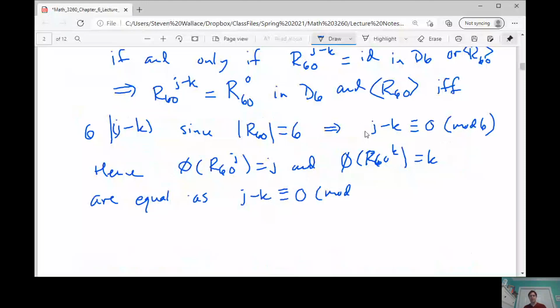And that means J is congruent to K mod 6, right? Equal in the integers modulo 6. Okay, so it's well defined.